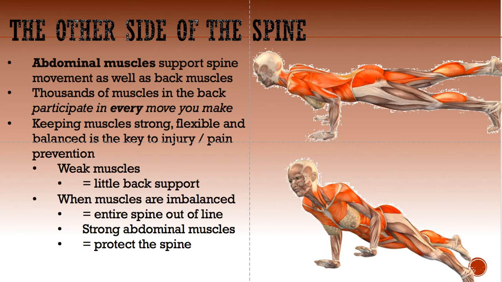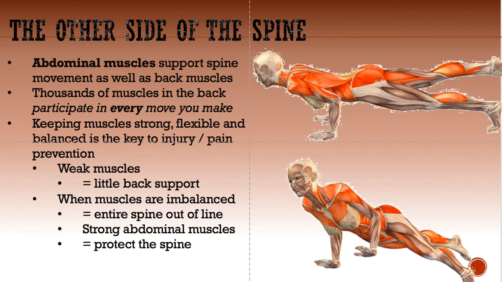The same thing happens with our spine. You have your back muscles on the back of your body, and your abdomen muscles in front, as well as your side muscles, your oblique muscles, which are all working together to stabilize your core or help to support your spine.